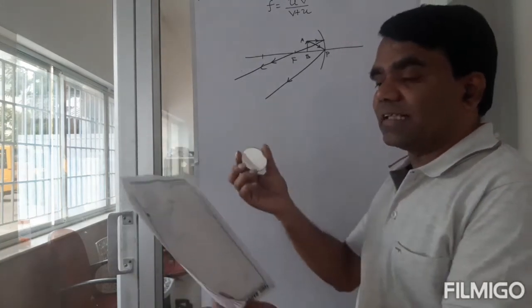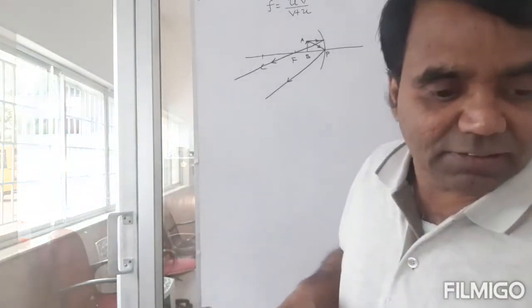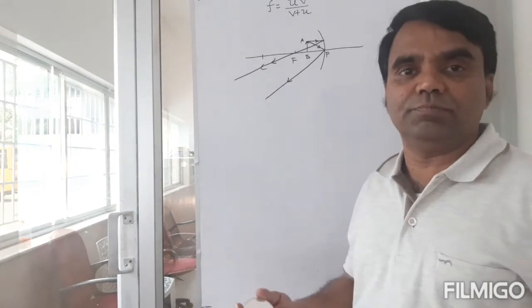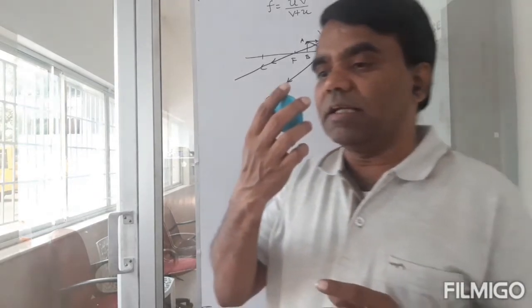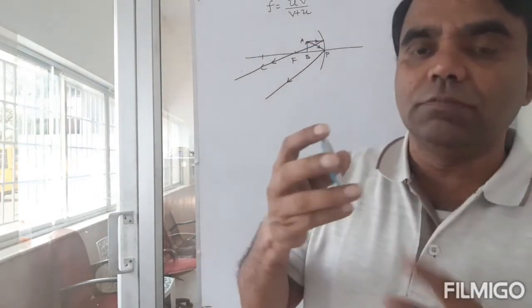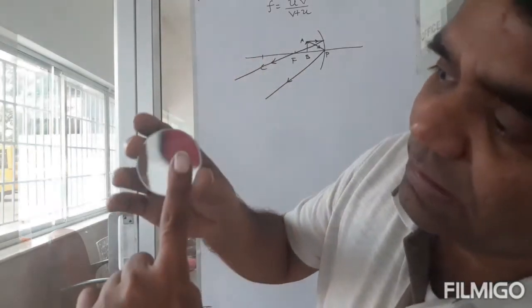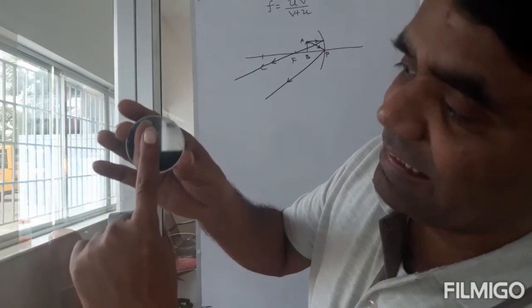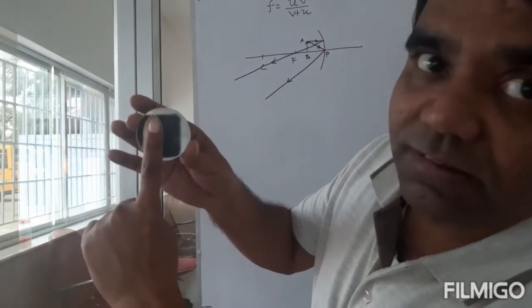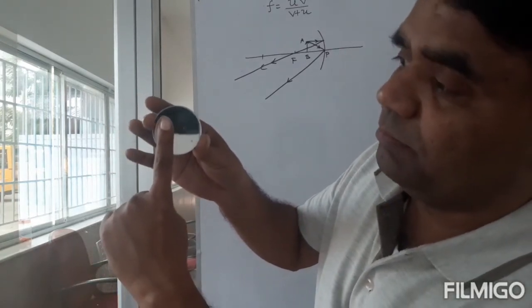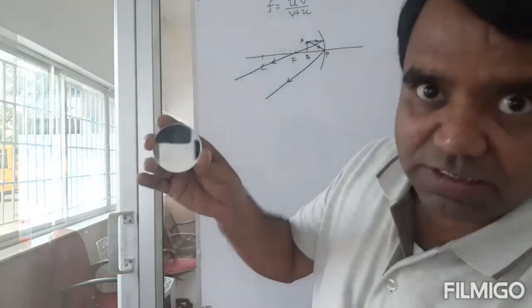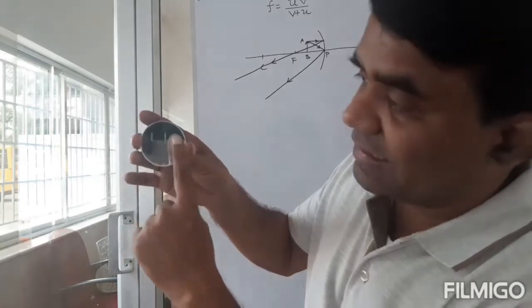But if I cannot capture it on a screen, then it is a virtual image. So like this, when you look at yourself here, this cannot be captured on a screen, but you can see a bigger finger in the mirror. You can see an image, but that cannot be captured on a screen. So this is a virtual image.